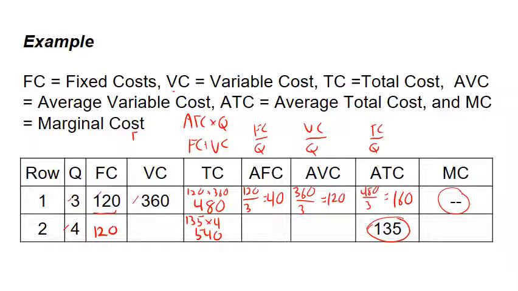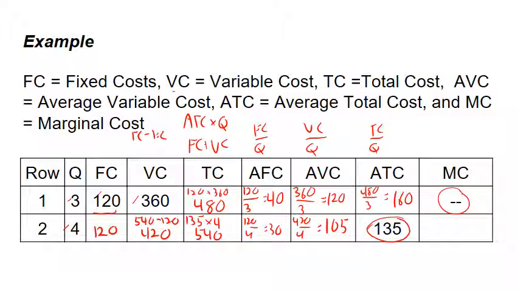Variable cost must be total cost minus fixed cost. So if I subtract 120 from 540, I'll get the variable cost of $420. Average fixed cost is going to be 120 divided by 4 now, which is equal to 30. Average variable cost is going to be 420 divided by 4, which is 105.